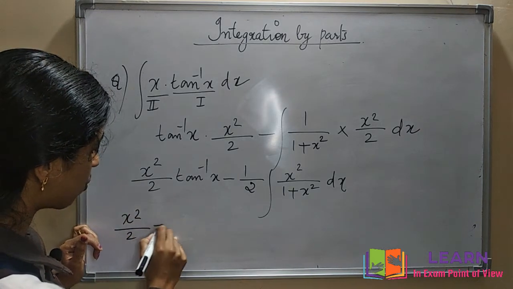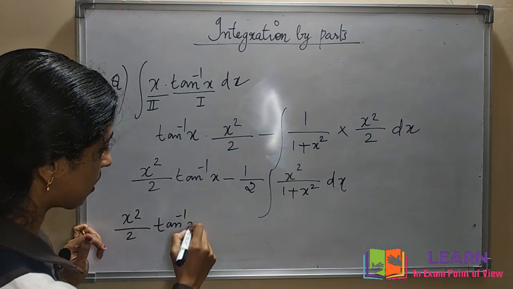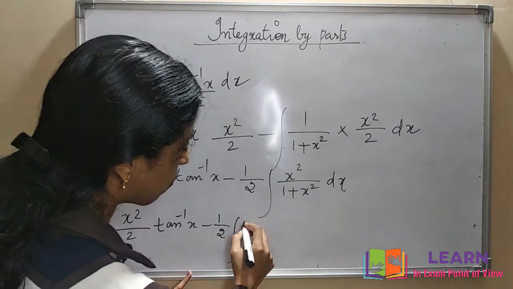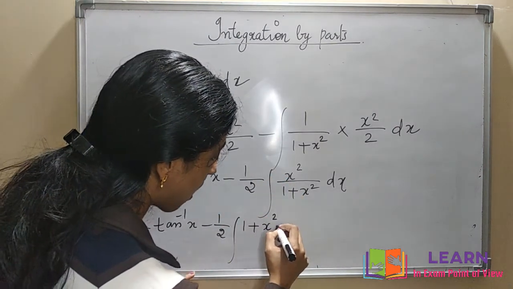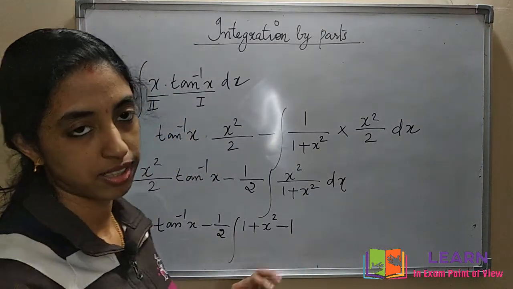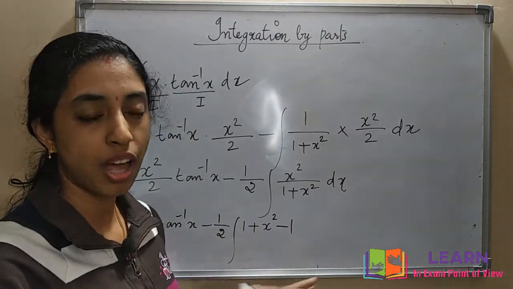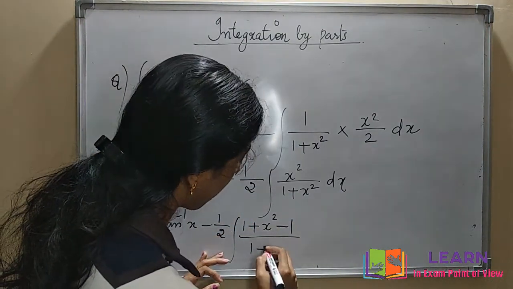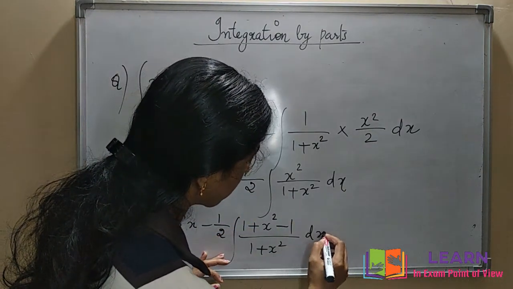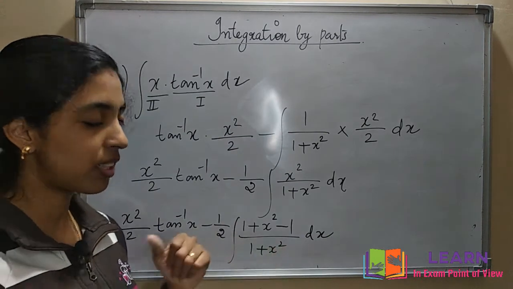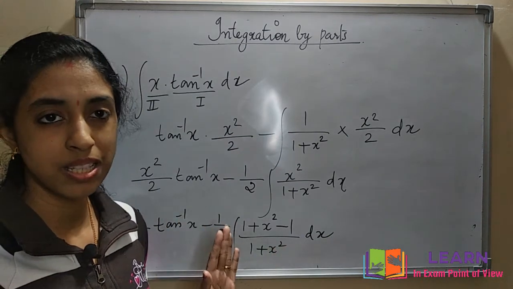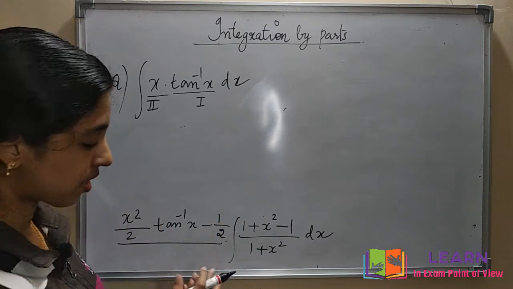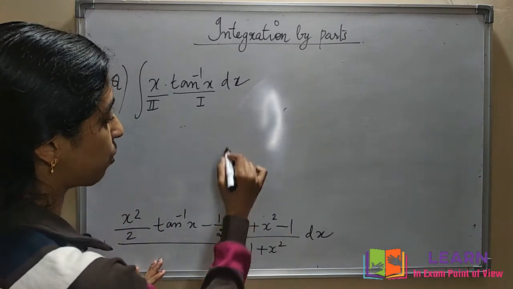This term as such you can write as tan inverse x minus 1 by 2, this part. If I am adding 1 to the numerator, at the same time we need to subtract it. If we are putting something, we have to balance it. Adding 1, subtracting 1, over 1 plus x square dx. Now split it and integrate. It will be easy. This part as such is correct. Only this part we are going to do.